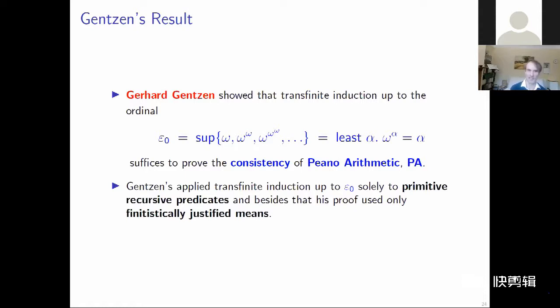So Gentzen applied transfinite induction up to epsilon 0 only for primitive recursive predicates. And besides that, the proof is entirely finitistic. Okay, and so this is kind of the birth event of ordinal-theoretic proof theory.